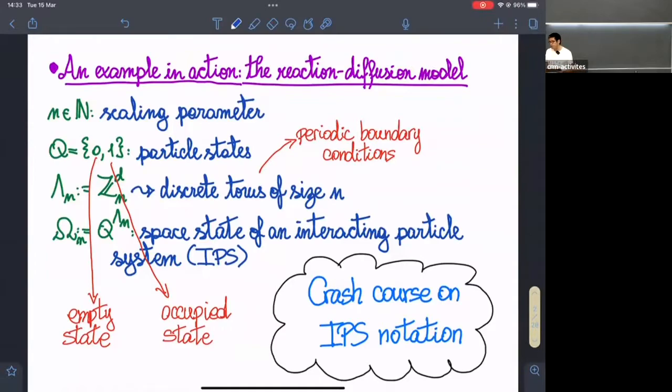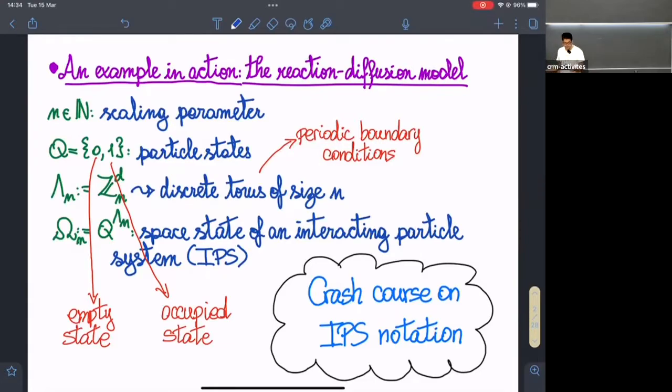Those are the particle states, and these particles live somewhere in some geometrical underlying space, and in our case, what we are going to take as the geometric underlying space is the discrete torus. To keep things simple, I really want to stick to finite state Markov chains, so in particular I want a finite set, and the simplest finite set that has some nice structure is the periodic lattice.